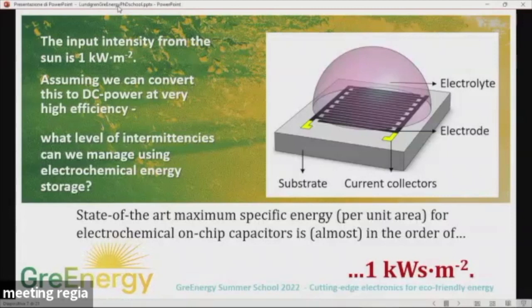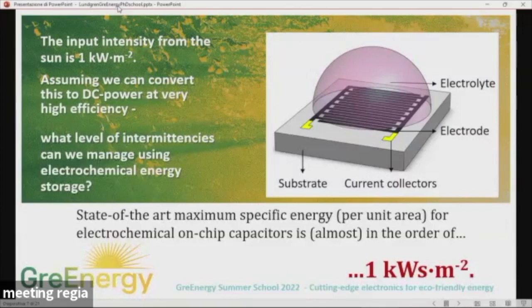So what kind of intermittencies can we manage with state-of-the-art technology comparing to what we have in terms of power coming in? Seconds. So this is what we can hope for.